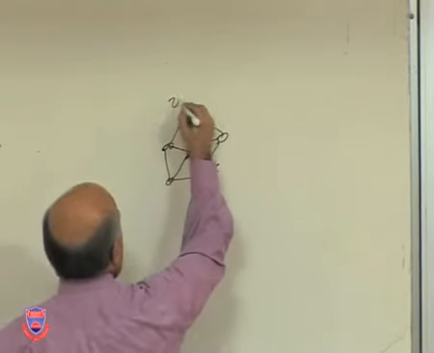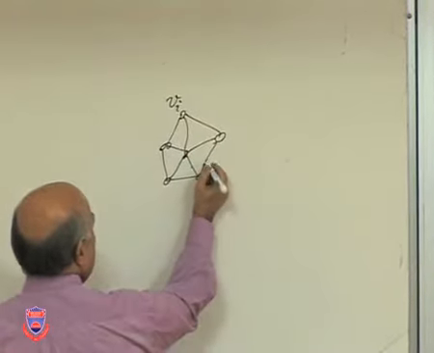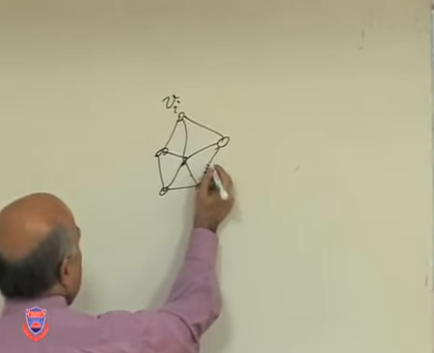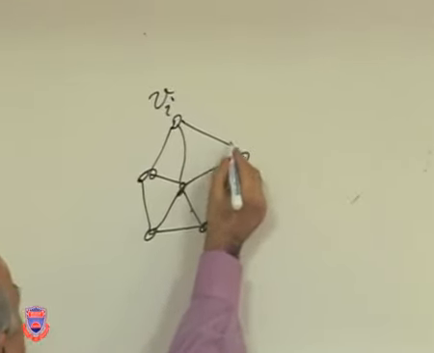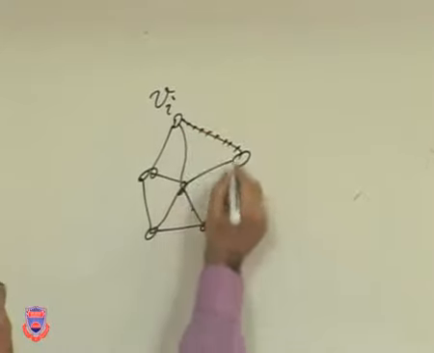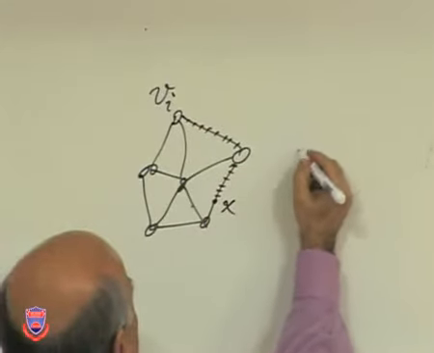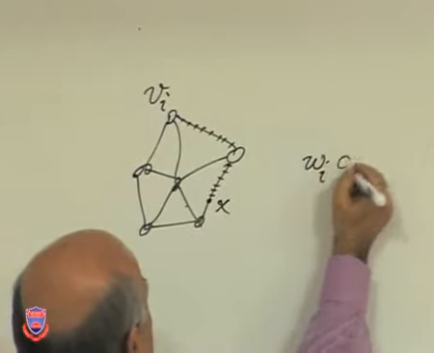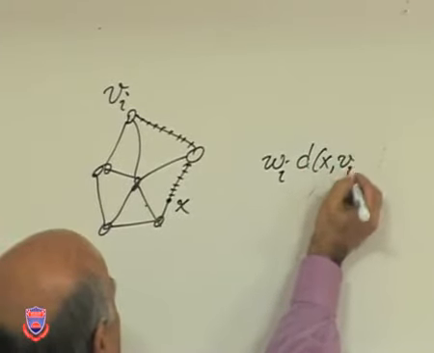Now, if this is vertex vi, normally you get there going through a shortest path, say that one. That's your distance times x vi.